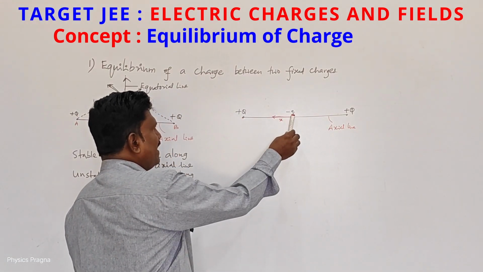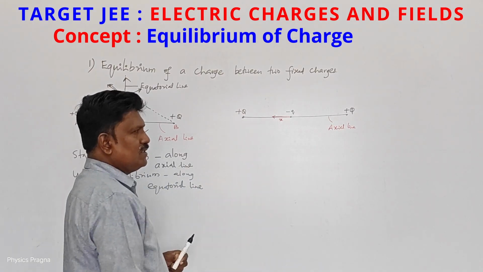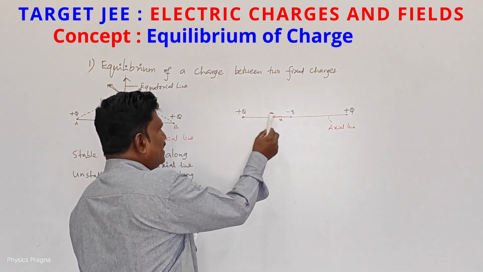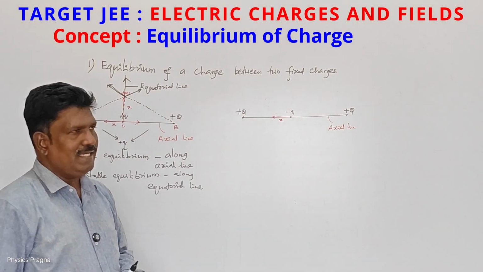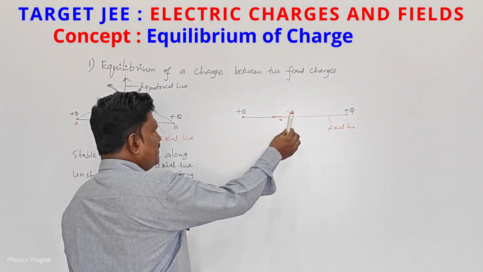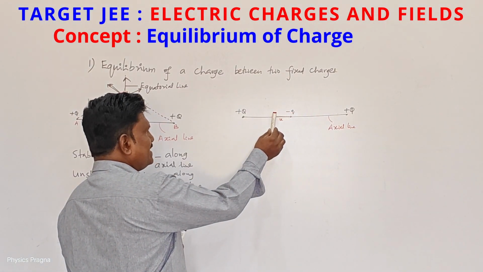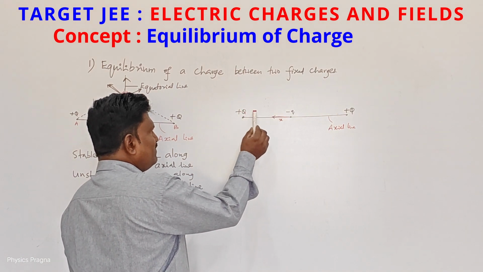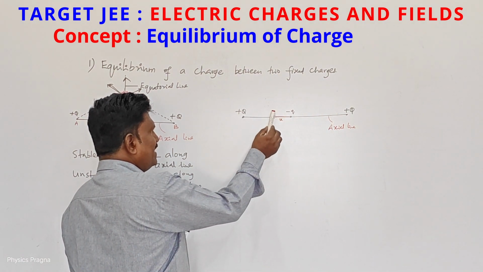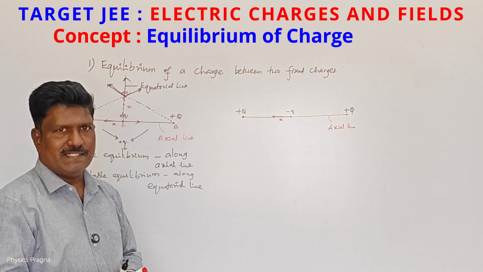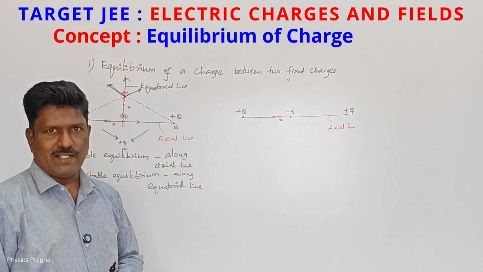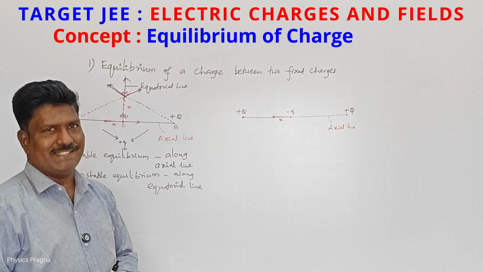Then what happens? This minus q comes closer to this plus Q. They are unlike charges, and unlike charges attract each other. So if I disturb this minus q through x distance, immediately the distance between this plus Q and this minus q decreases. Whenever the distance between the charges decreases, the electrostatic force, the Coulombian force, increases.